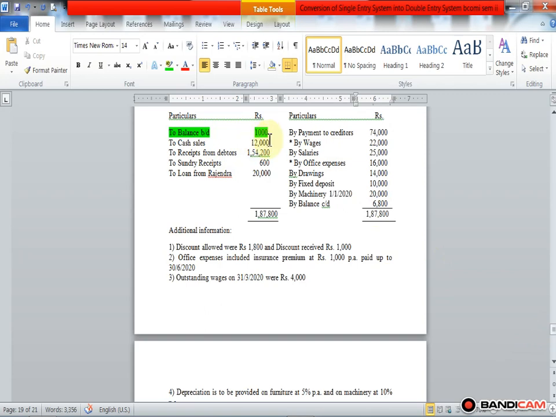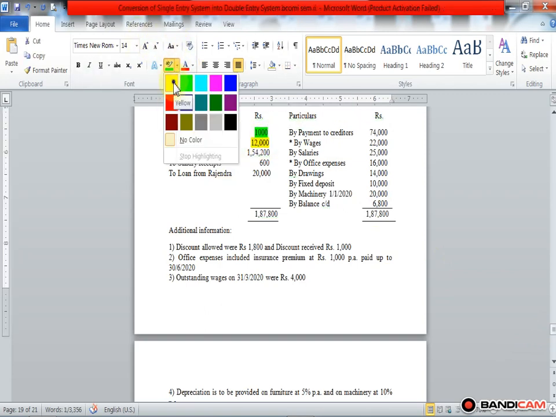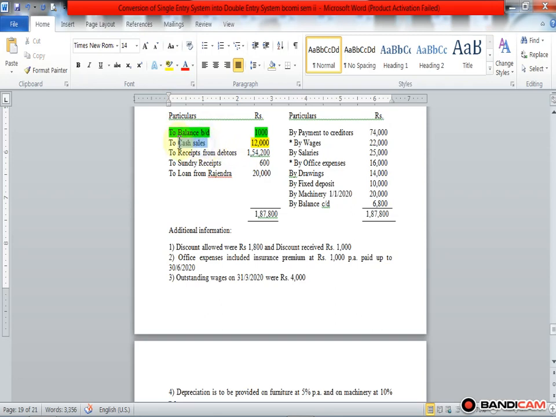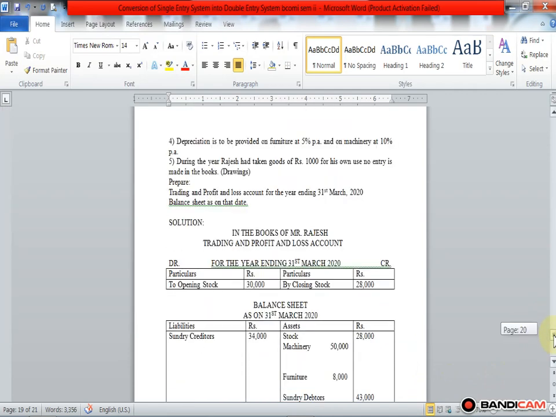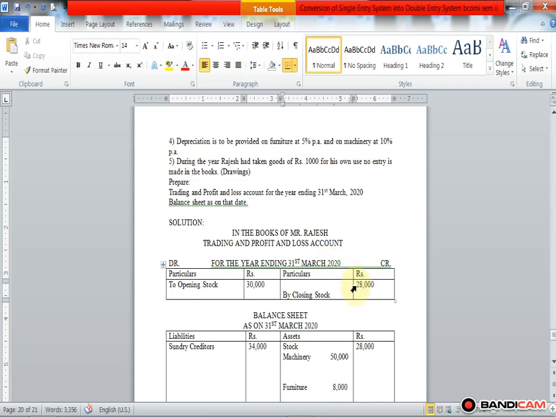Then cash sales is posted to the credit side of the trading and profit and loss account. So cash sales is transferred to the trading and profit and loss account credit side.